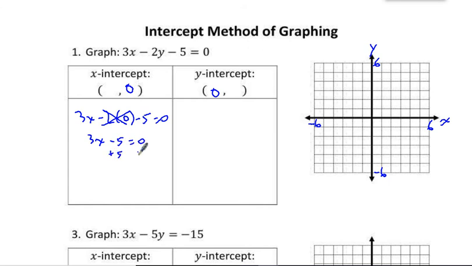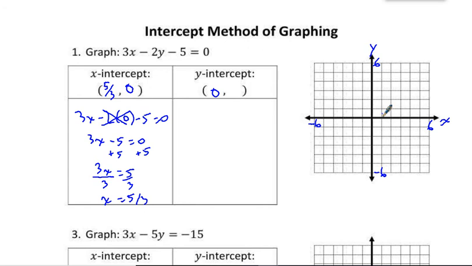We'll add 5 to both sides of the equal sign to isolate the variable term of 3x. And then to isolate the variable, we will divide both sides by the coefficient of 3, leaving x equals 5/3. So 5/3, 0.